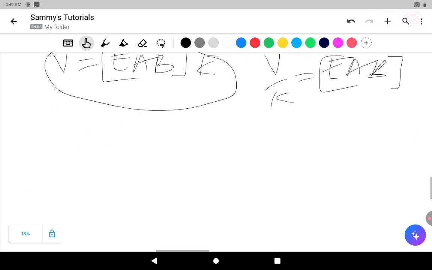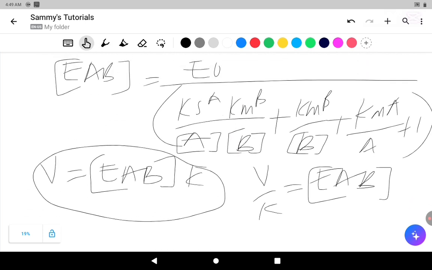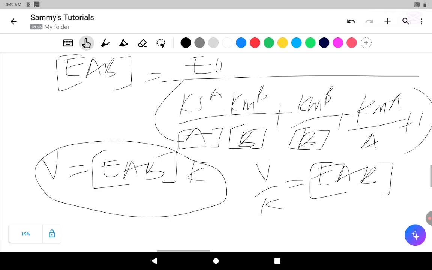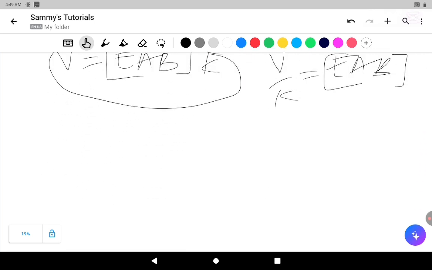So that's what we'll now do. So what you now have is, instead of EAB equals to E naught over this, you now have V over K, because EAB is equals to V over K, alright? So let's look at what will happen now.